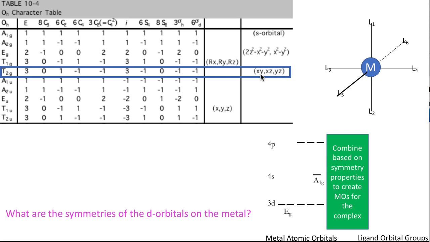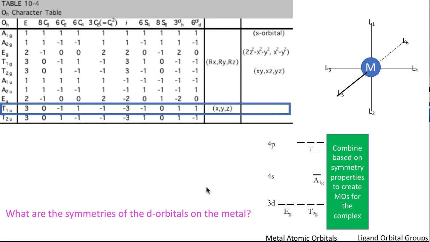We also find that the dxy, dxz, and dyz have T2g symmetry in this octahedral complex. So we'll add a T2g label below three lines on the d orbitals. And then finally, we see that the px, the py, and the pz orbitals should have T1u symmetry, and so we add a T1u label right underneath our 4p orbitals for the complex.